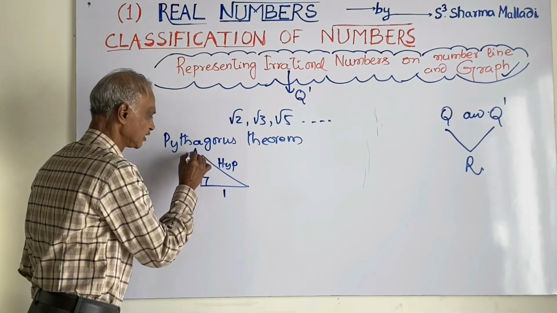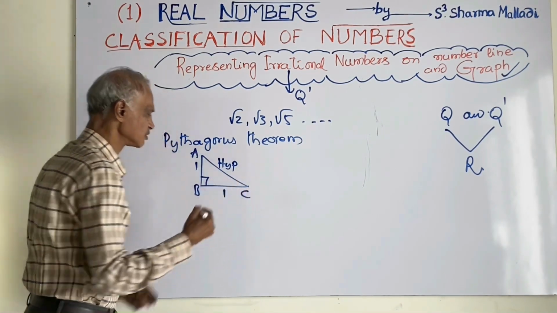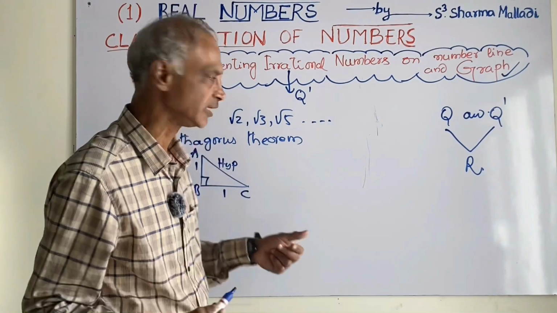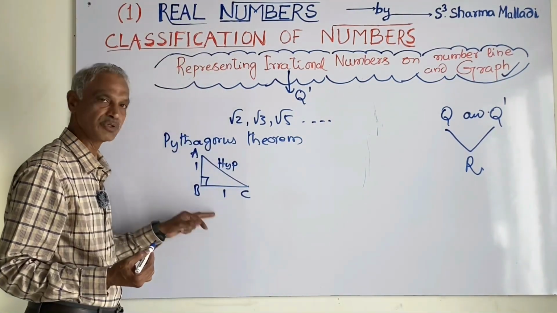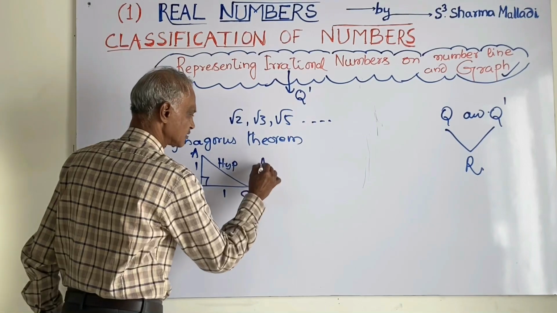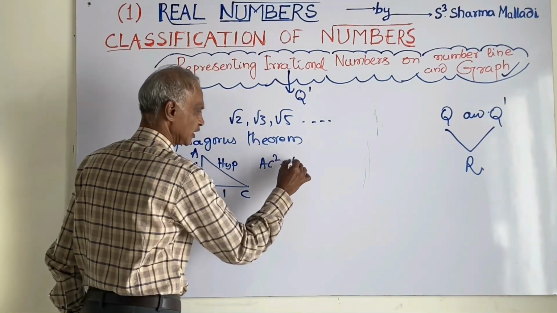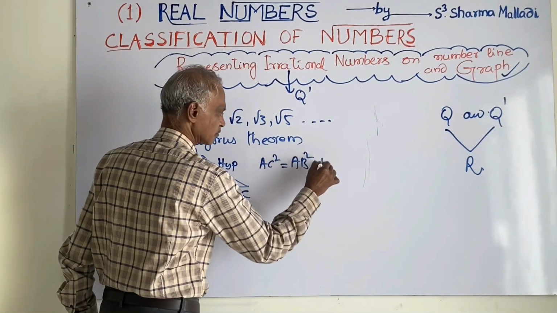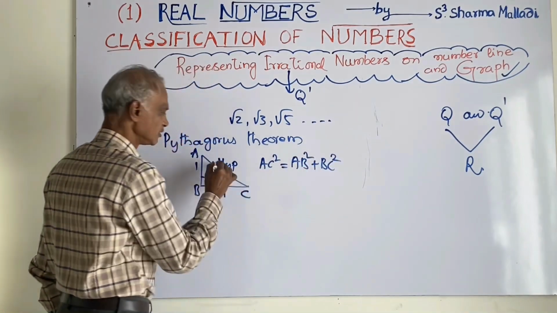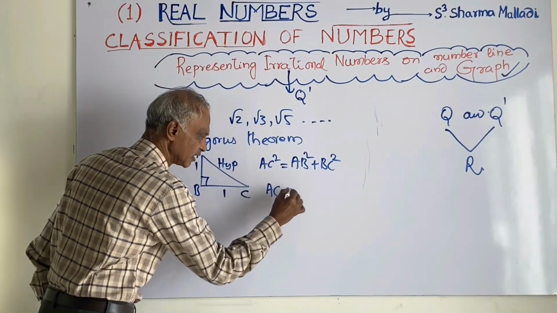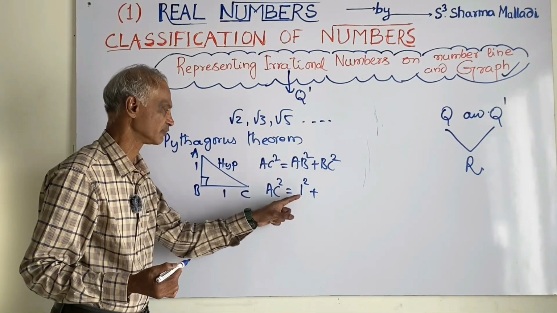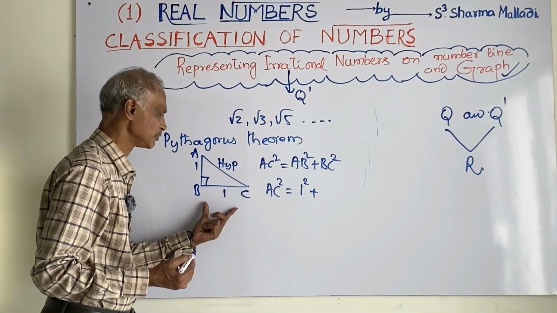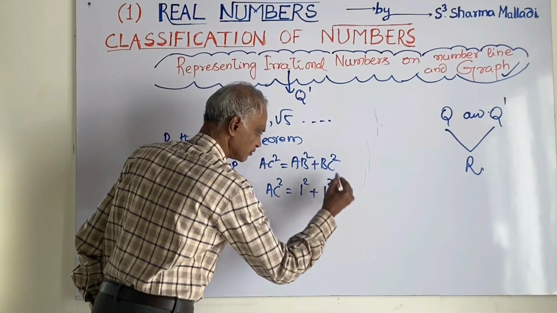See, if you take A, B, C, what is the Pythagoras theorem? In a right angle triangle, the square of the hypotenuse is equal to the sum of the squares of the other two sides. Means AC square is equal to AB square plus BC square. We have to find AC. AB is 1 unit, 1 square, plus BC is also 1 unit.